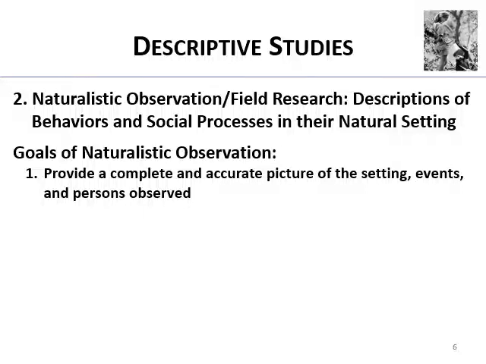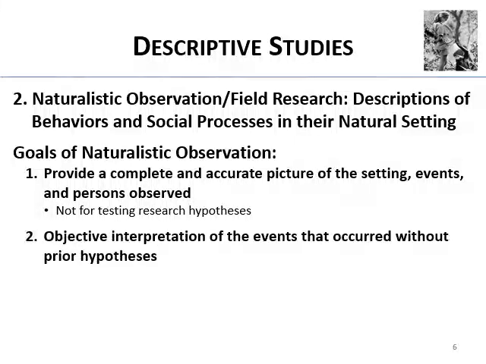So you want to give the full picture of what's going on. So it's a lot of work, actually. But again, they're not for testing research hypotheses. Another goal is objective interpretation of the events that occurred without some sort of prior hypothesis. So again, you're trying to be objective about what you're observing, record everything, write it down.